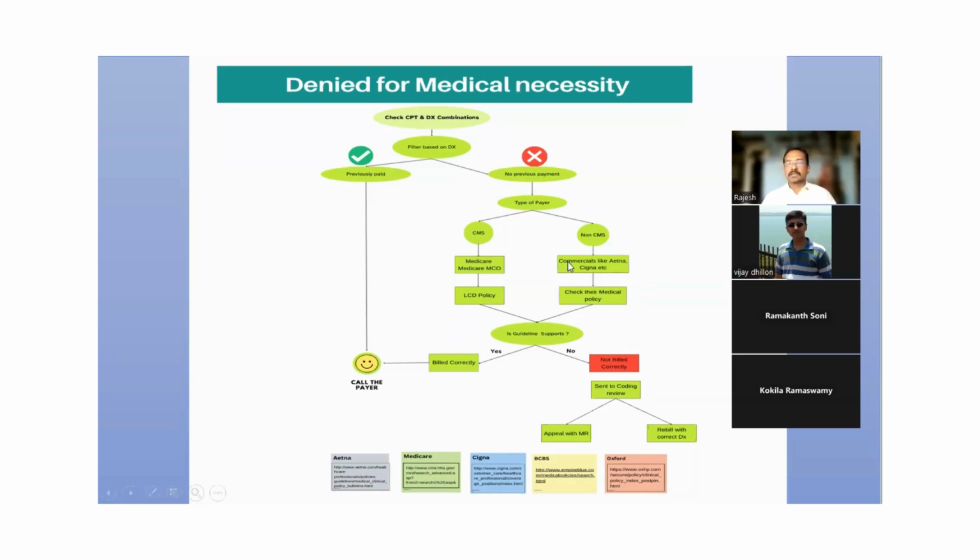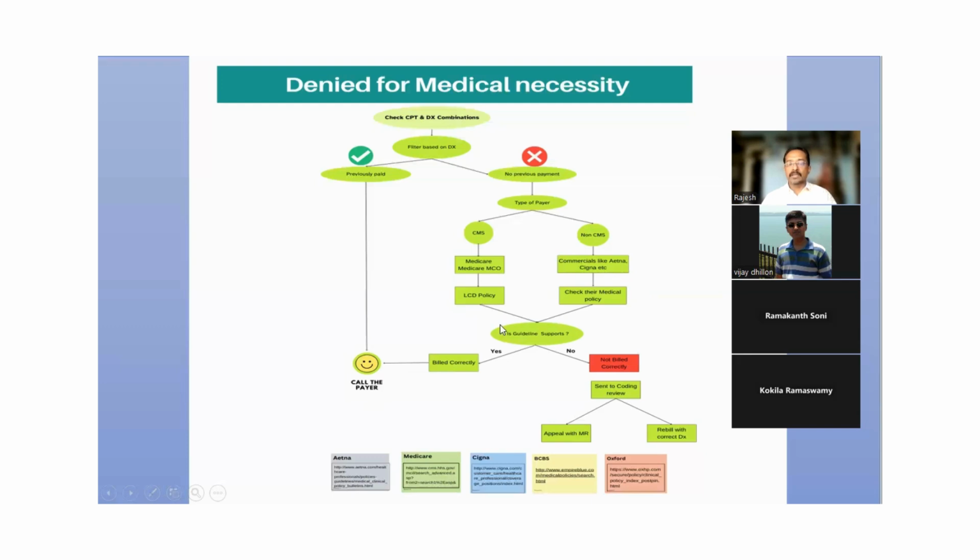And if it is a commercial payer, every commercial payer will have their own medical policies. You check the medical policy for commercial and the LCD for CMS. If the guidance supports you, you billed correctly, so you call the payer and send this claim back for reprocess. Sometimes Medicare never denies incorrectly, because that's the LCD policy.